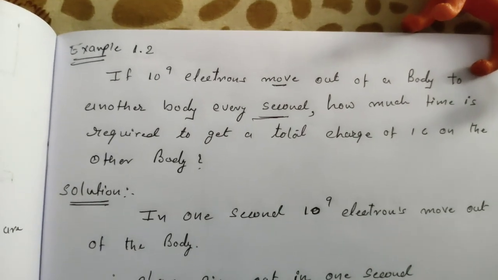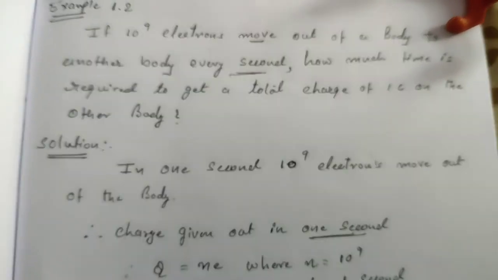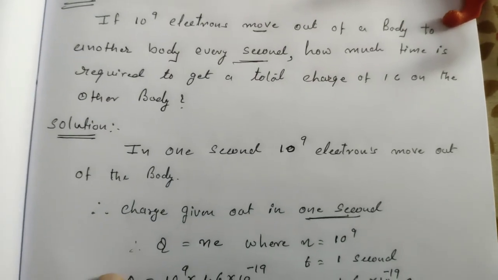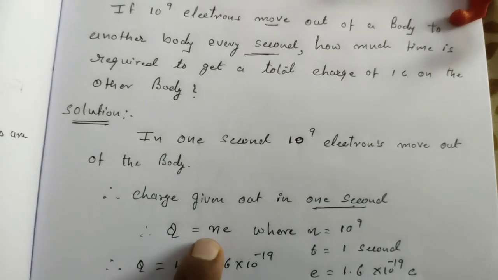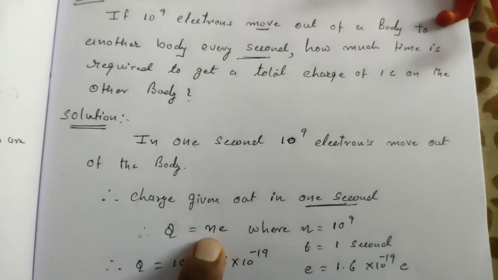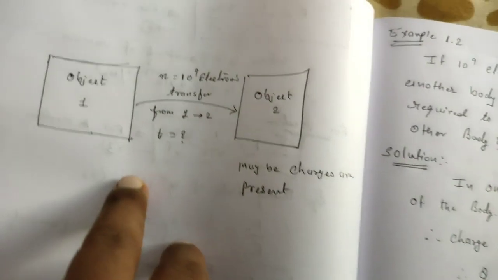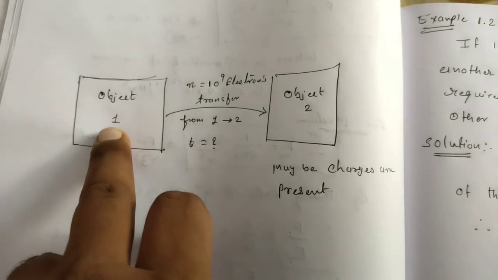Okay, so let's see how to solve this numerical. By using quantization of charge, we have one equation, q equal to ne, that you can see over here. By using this equation, we can easily solve this problem. Over here in the graphic, you can see that we have one object.